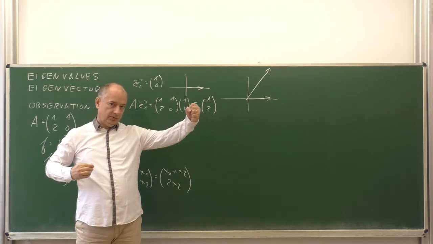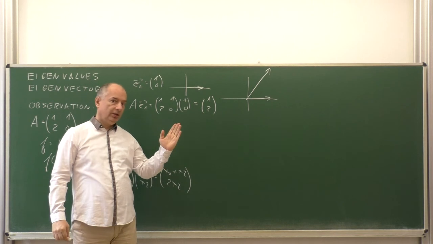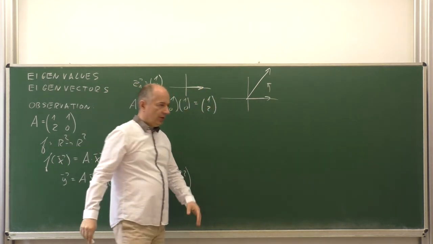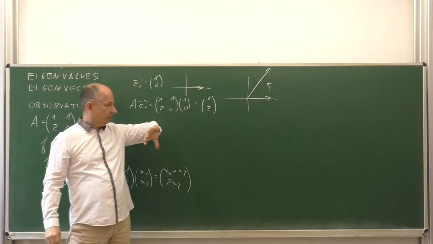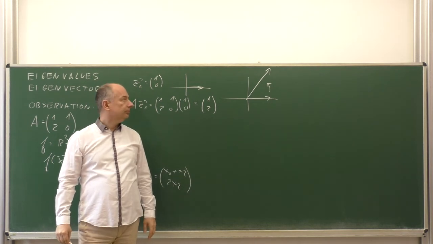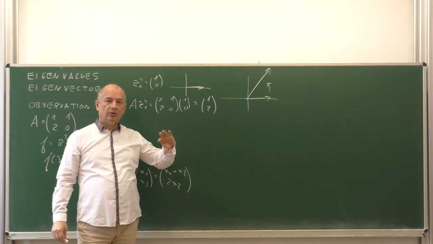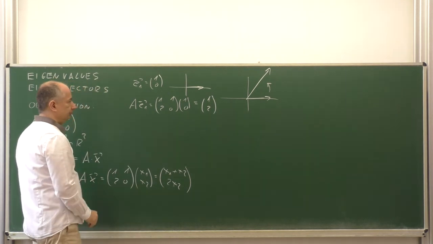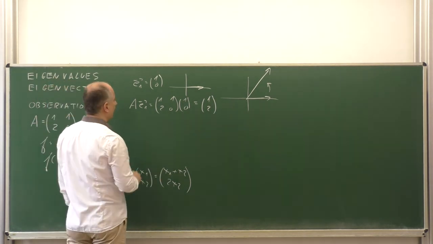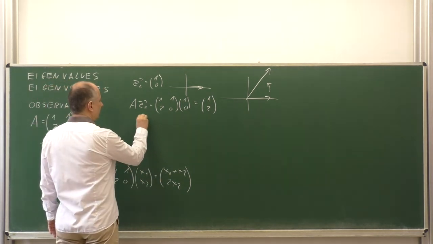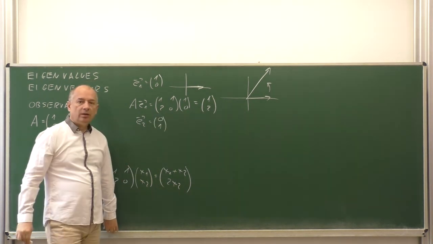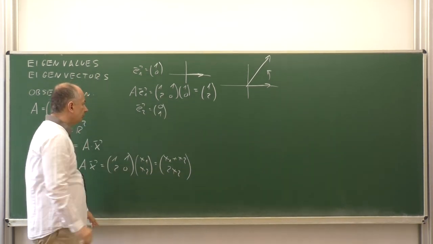So this is the effect of this matrix, or this map, on this vector. It is longer and it is rotated to the left. We say in the counterclockwise direction. In mathematics we call this direction positive direction, positive orientation. Okay, remember that. What about the vector e2, which has 1 at position 2?